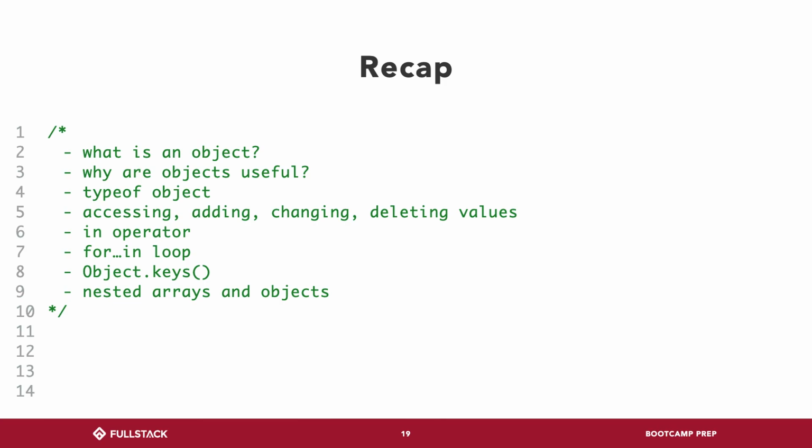So we talked about an object, why they're useful, what its type is, accessing, adding, changing, and deleting key-value pairs in objects. We talked about the in operator and how it's used in the for-in loop, and then Object.keys. I showed you Object.values because why not? It's literally the same thing except the opposite.